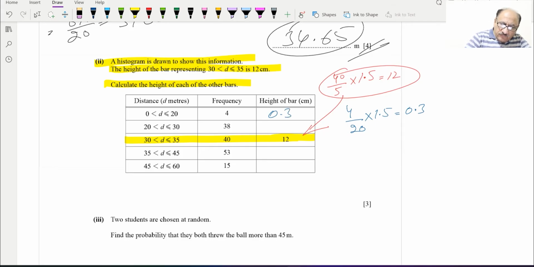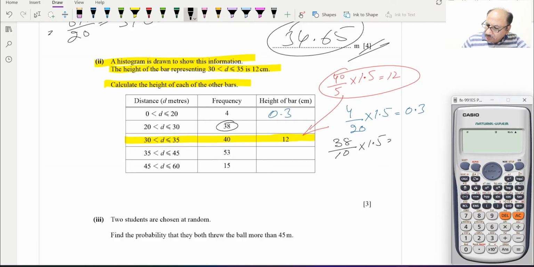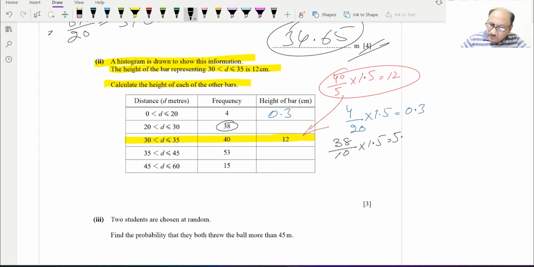I'll change the color for your understanding, and that will be for 38. So this will be 38 over class width, which is 10, multiplied by 1.5, and this is equal to 5.7. So 5.7 we can write here.